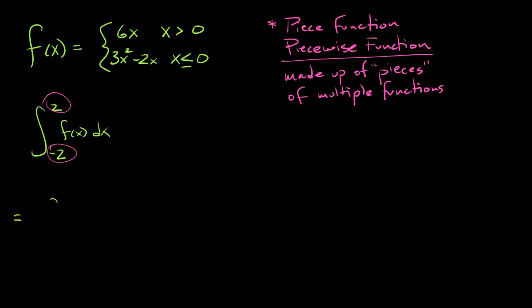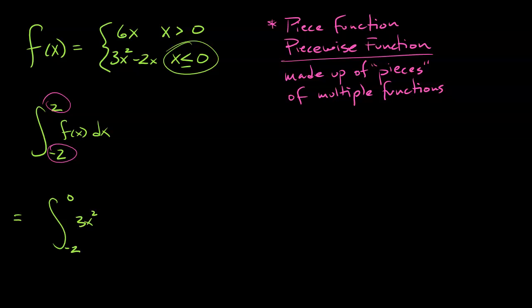So our first integral, because the boundary is at 0, and 0 is in between -2 and 2, that's the only reason this matters. So I'm going to have one integral be -2 to 0, and -2 to 0 would be the bottom one.